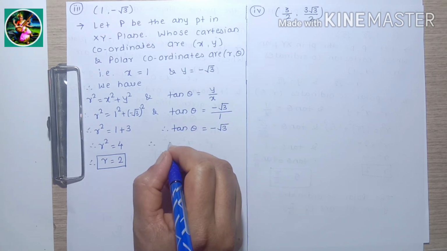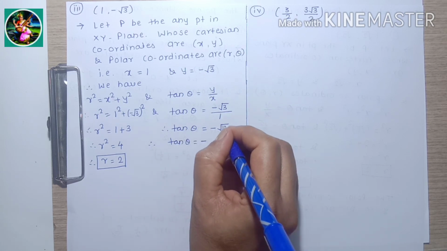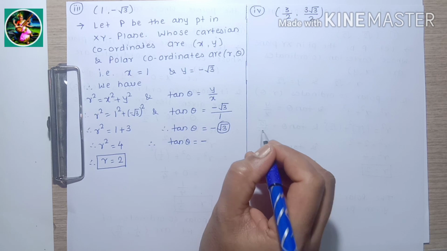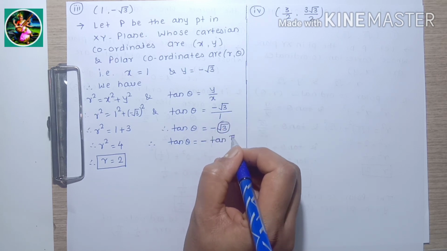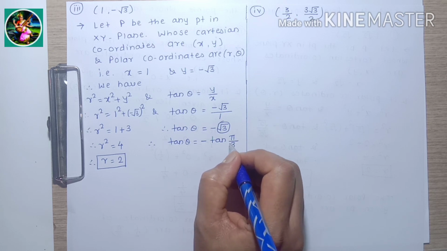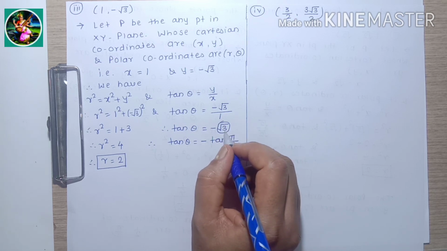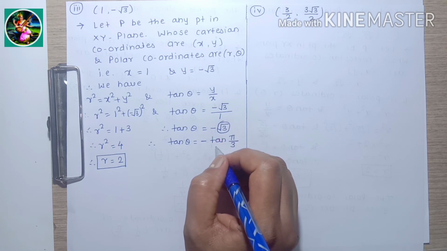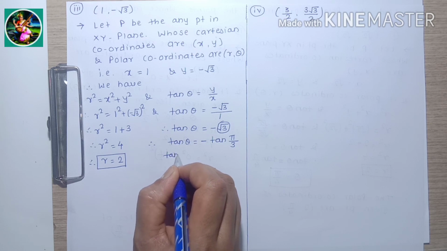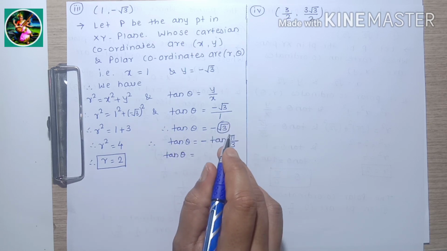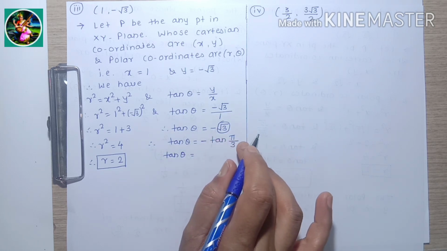Therefore, we write tan theta is equal to minus, as we know, root 3 is tan of pi by 3. That tan of pi by 3 is root 3. Therefore, we substitute directly tan of pi by 3 instead of root 3. Now tan theta is equal to, by the allied angle formula, tan of pi minus theta is minus tan theta.